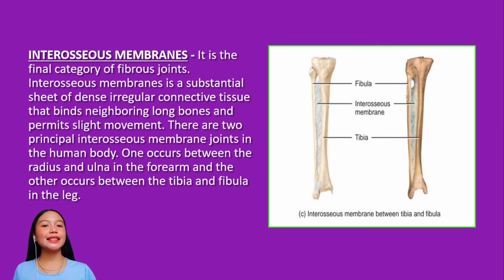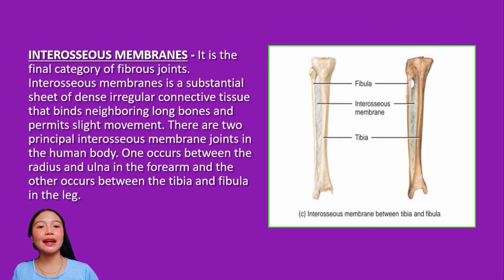So next is the final category of fibrous joints, the interosseous membranes. An interosseous membrane is a substantial sheet of dense irregular connective tissue that binds neighboring long bones and permits slight movement. So same as syndesmosis, interosseous membranes also allow slight movement.